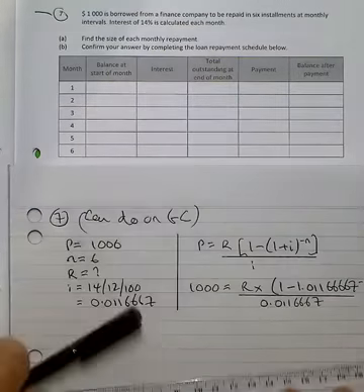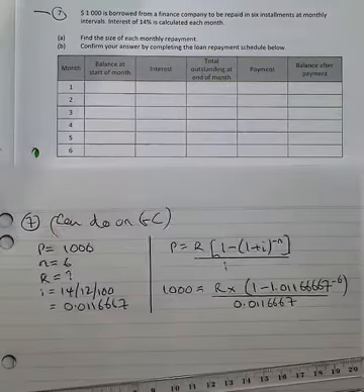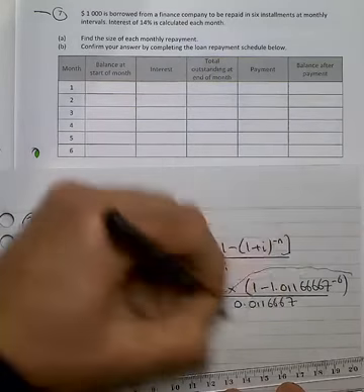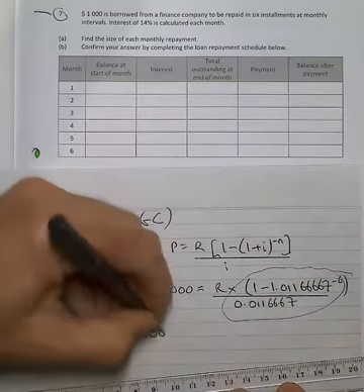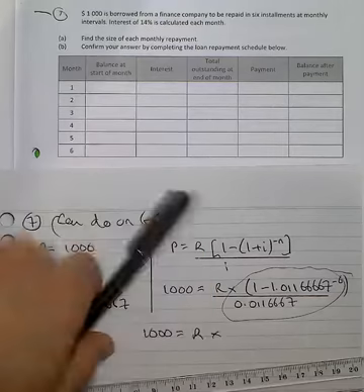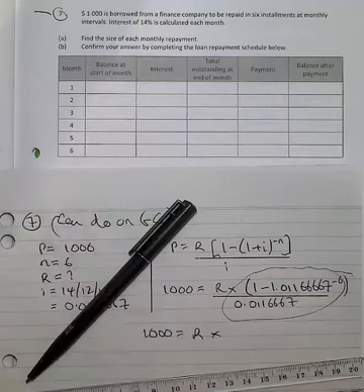Now on the right hand side, I'm going to do this component on my calculator. So the next step will be 1,000 is equaling R times something.